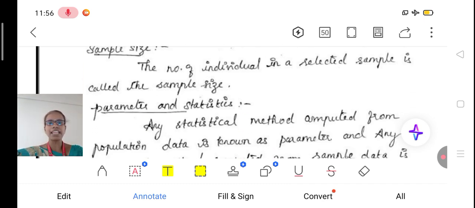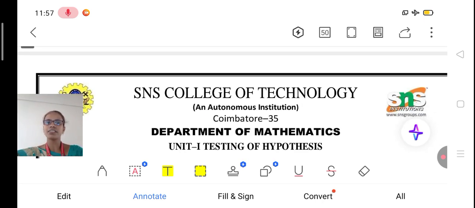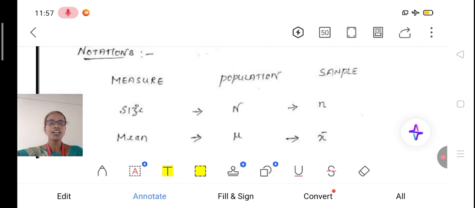The parameter and statistics: any measure computed from the population is called a parameter, and any measure calculated from the sample is called a statistic. Once again we should know the basic terms and terminologies. You can see population and sample.